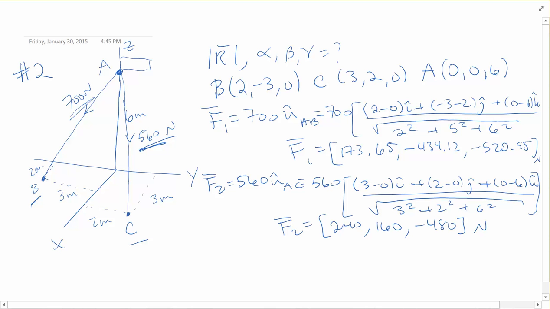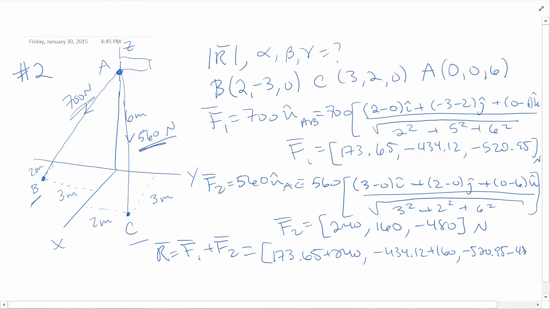Now for our resultant force, we want to sum up the forces present, so we're going to have F1 plus F2. Remember, when you add vectors, you add the like terms. So we add the two i components together, 173.65 plus 240. For the y direction, we'll have -434.12 plus 160. And for the z direction, -520.95 minus 480.